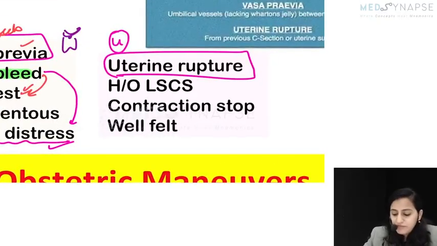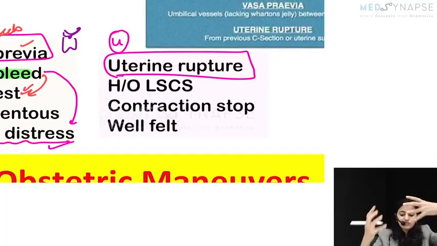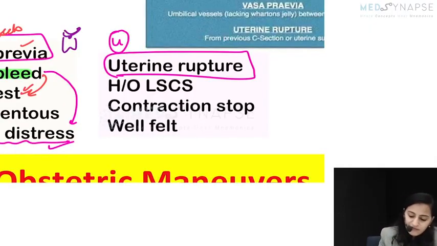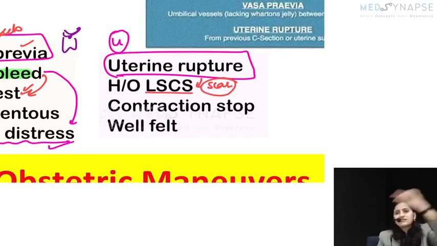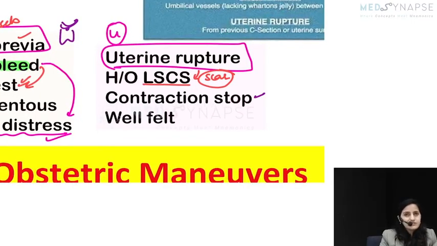While uterine rupture, when does the uterus rupture? When the muscle is not strong enough, because now instead of the muscle there's a scar. So history of previous LSCS, that means there's a scar in the uterus and that is why it ruptures. So classical history in uterine rupture will be history of previous LSCS, because the uterus has ruptured, the contractions stop.